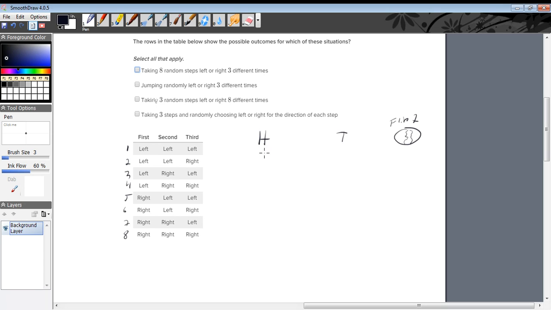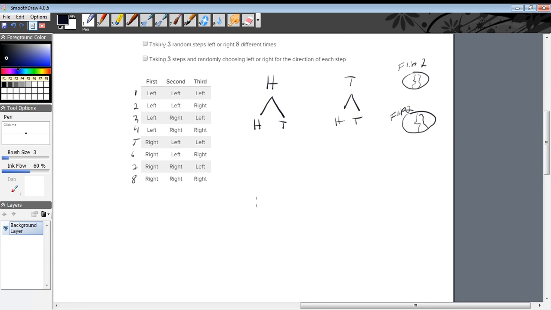So flip 1, I can get a heads or a tails. Now after that, if I get a heads and I'm about ready to flip it again, I have 2 different options. I have heads or tails. And I have heads or tails. So this right here, there's another coin. This is flip 2. So after 2 flips, I have the following possibilities.